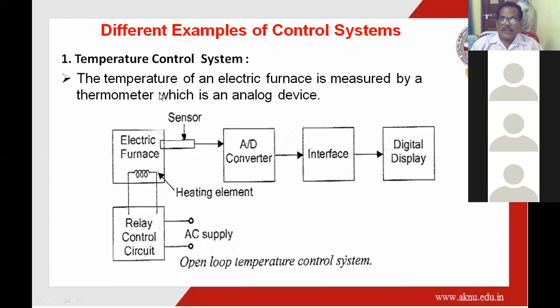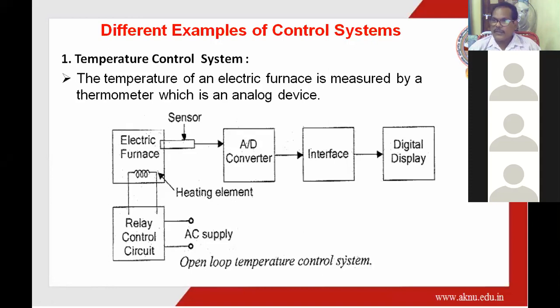The sensor senses the temperature, which is in analog format, and converts it to an electrical analog signal, which is fed to the A to D converter. To process the signal, it is easy to convert such signals into digital signals.